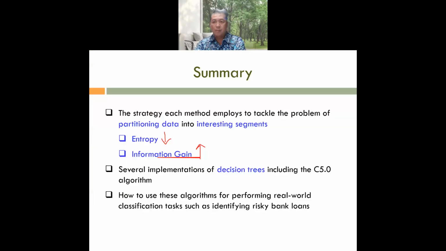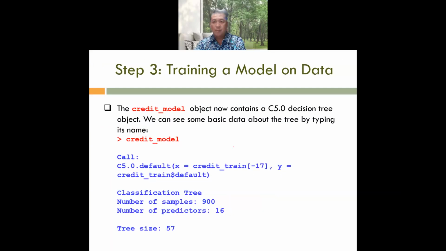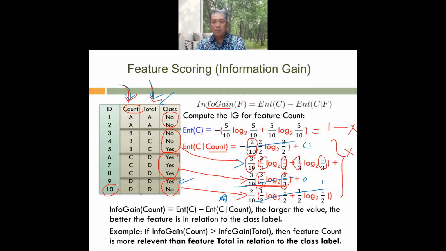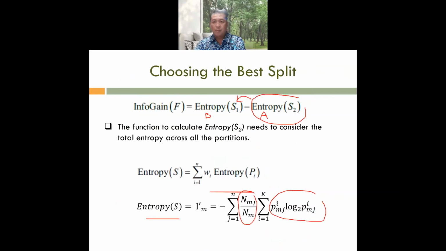This is quite straightforward, but you need to do a lot of practice on the entropy and also the IG, like how to compute them. So I'll prepare an assignment for you for that.